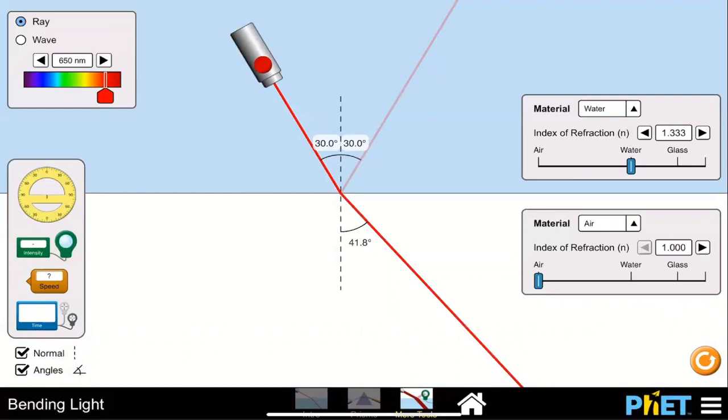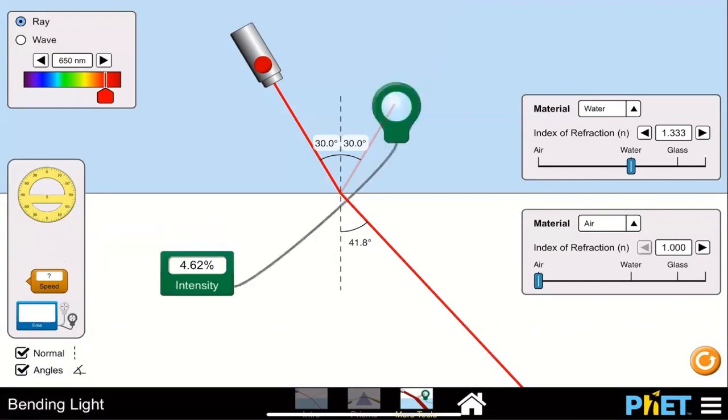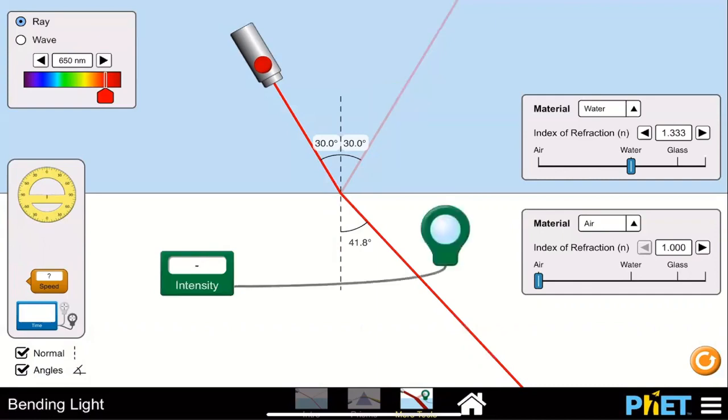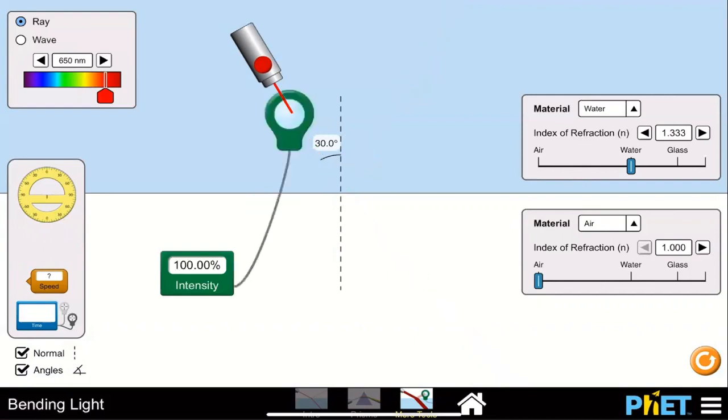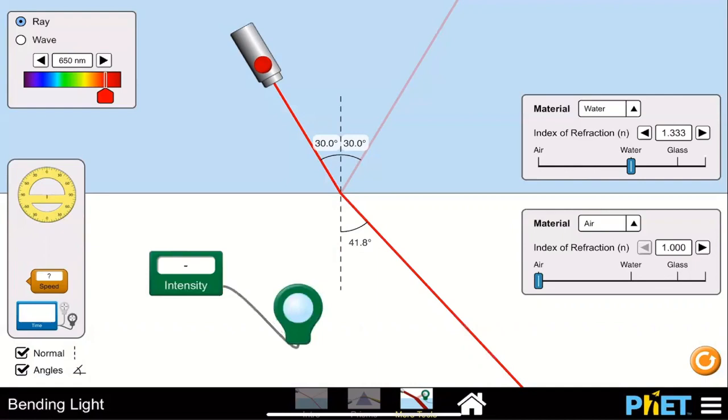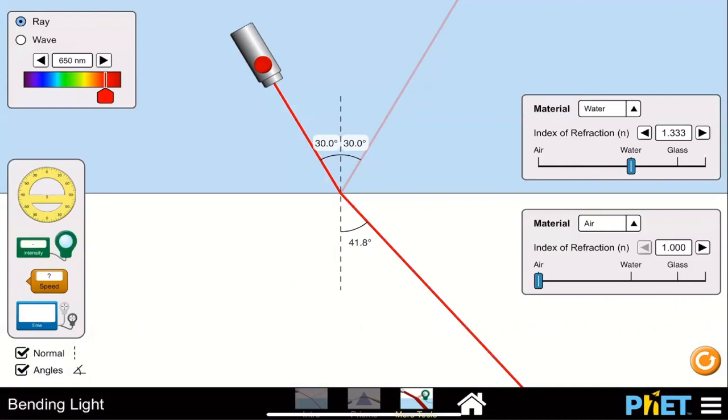So still our incident angle is 30, but based on the law of reflection, the angle of reflection is still 30 degrees. You can notice that the intensity is equal to 4.62% on the reflected ray and the refracted ray is 95.38%. So the intensity of light differs based on the amount of light rays that has been refracted or reflected. So again, our angle of refraction for this scenario is 41.8 degrees.